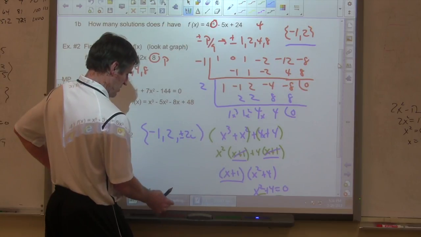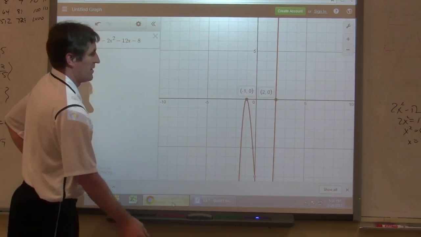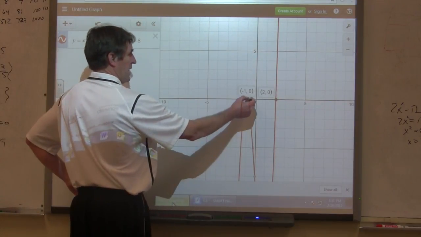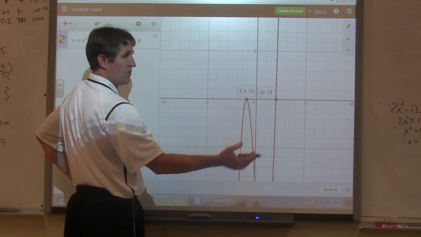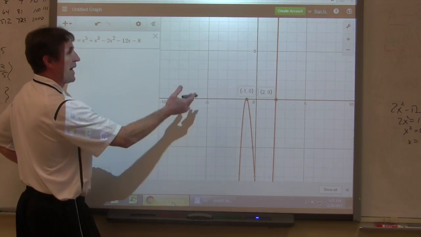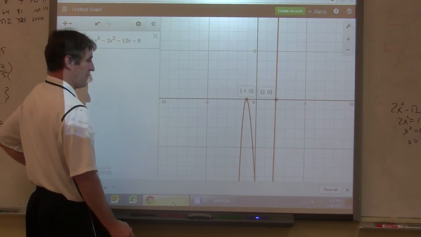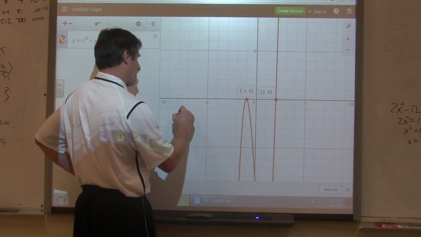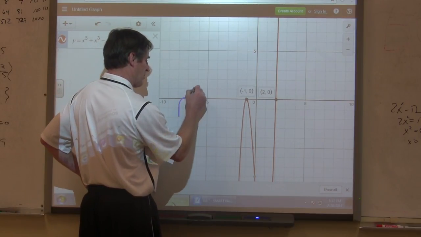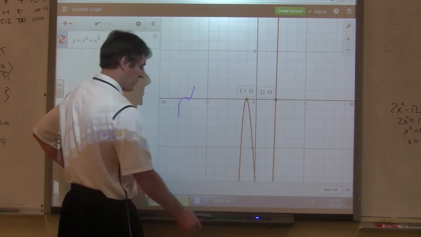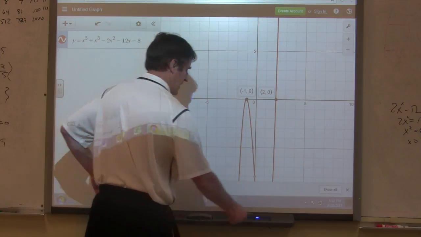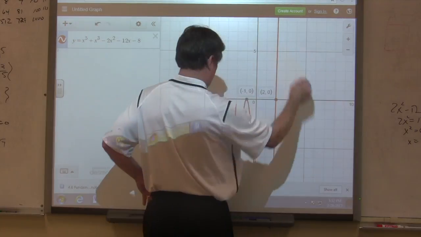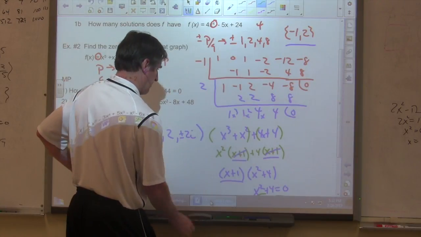Now, if you look at the graph, when it does this and it just touches, it usually occurs twice then. So you can do that and just try -1 again and see it work. A lot of times too, if the graph flattens out like this across the point, then it's occurring more than once. So those are some things you can look at to decide if you want to try another number.